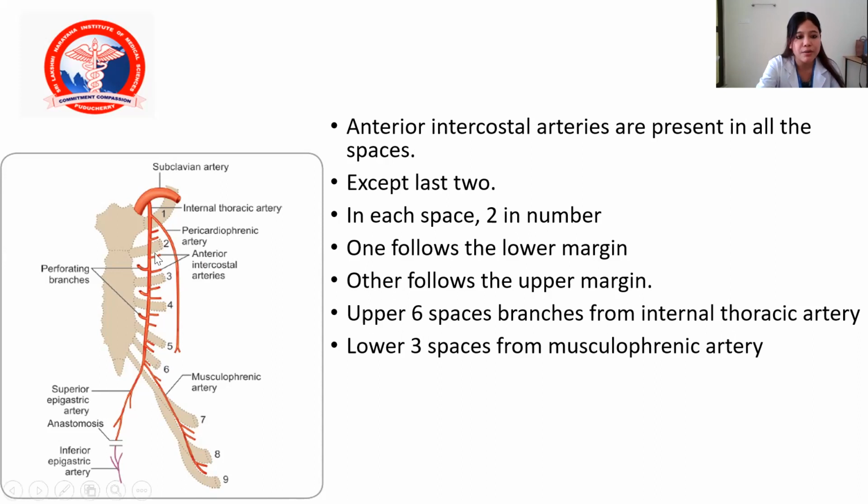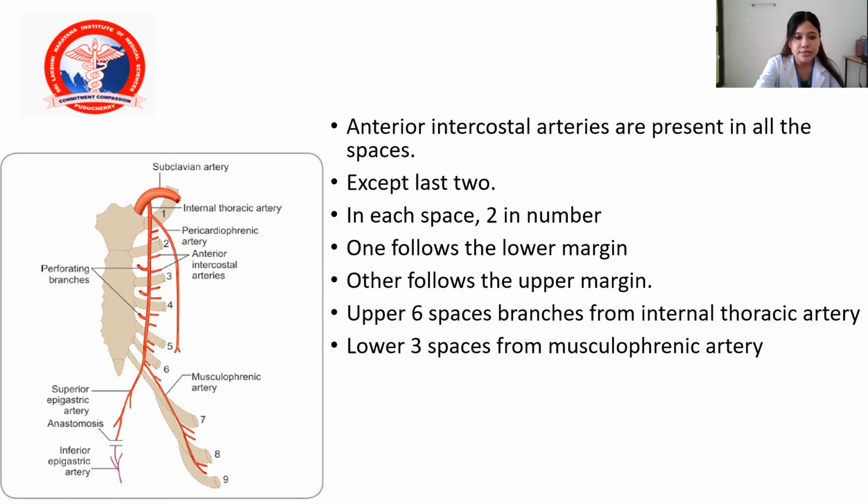One follows the lower margin of the upper rib, and the other follows the upper margin of the lower rib. So each intercostal space contains two anterior intercostal arteries.